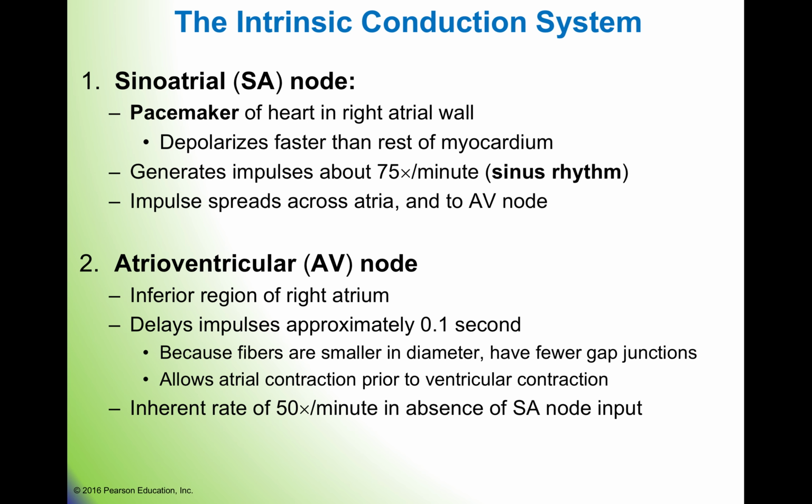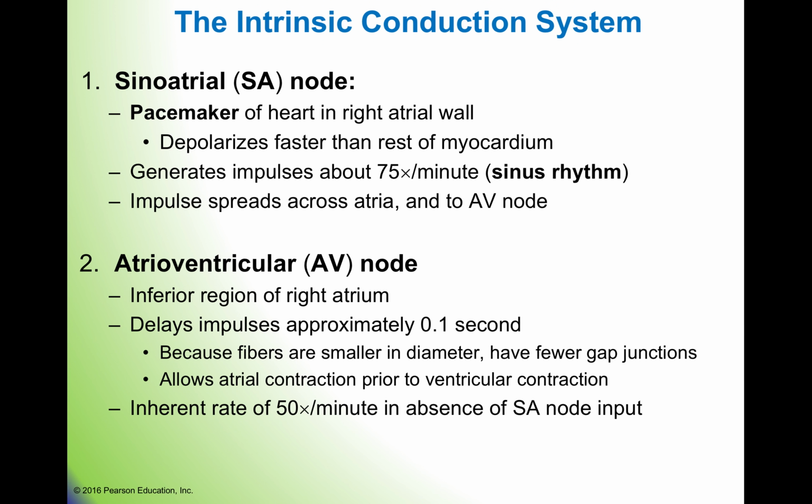That means each of these electrical impulses creates one heartbeat. So on average, you have 75 electrical impulses, which means you have about 75 heartbeats per minute. These electrical impulses are known as sinus rhythm, which should be seen in people with a healthy intrinsic conduction system.